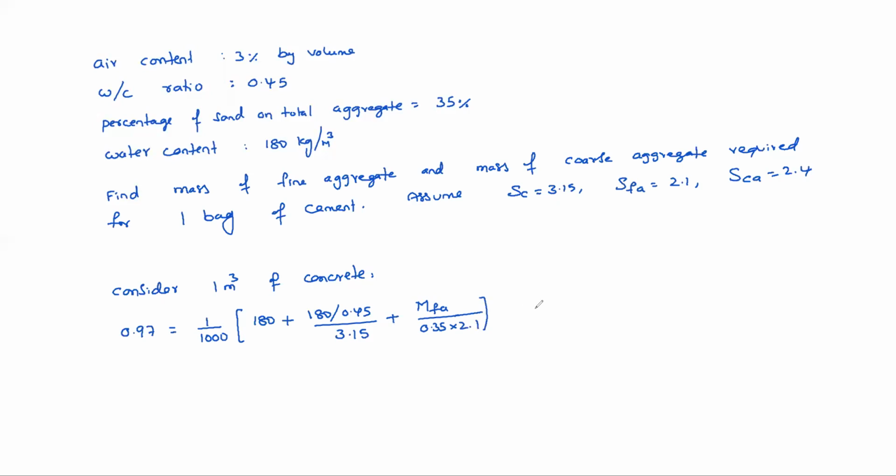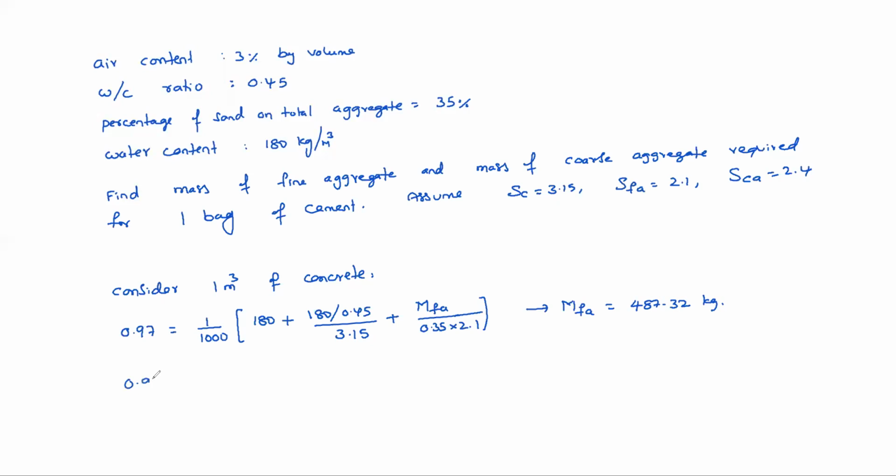Tell me the mass of fine aggregate. 0.97 into 1000 minus 180 minus 180 divided by 0.45 into 3.15, equal to mass of fine aggregate divided by 0.35 into 2.1. How much? 487.32 kg. That is the mass of fine aggregate.